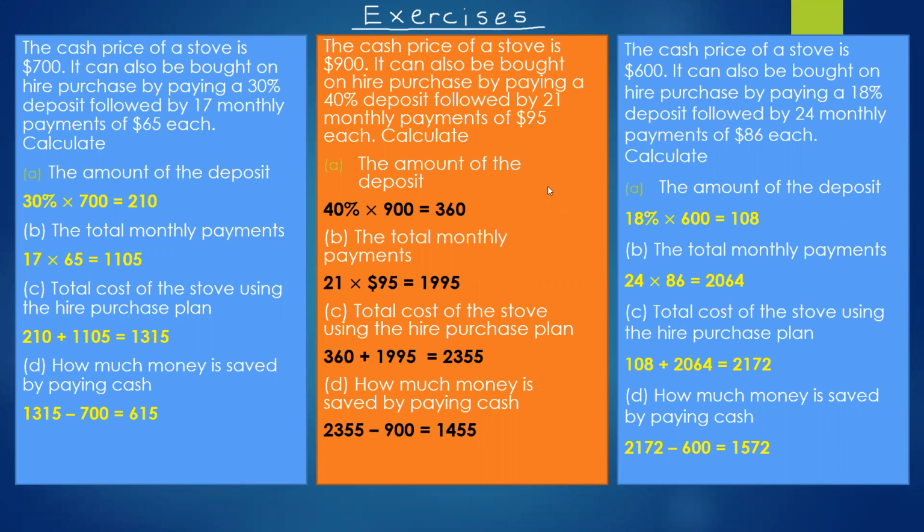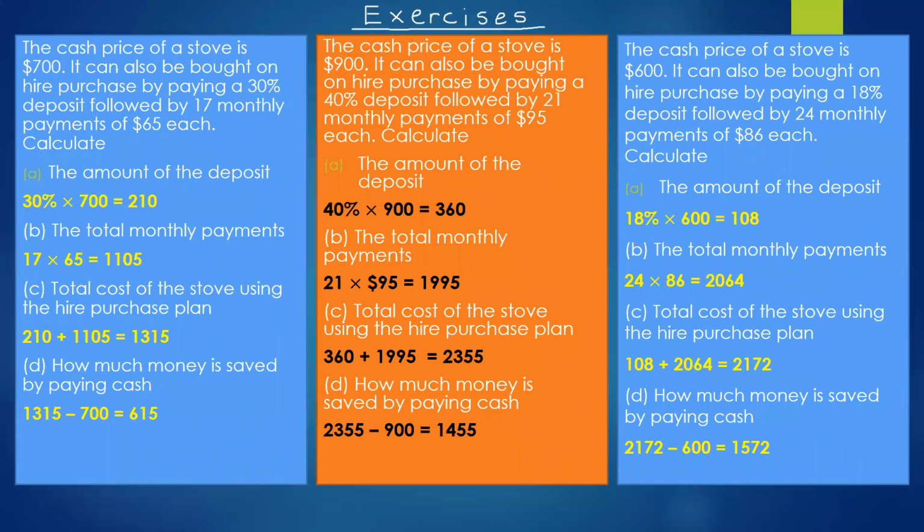It can also be bought on hire purchase by paying a 40% deposit, followed by 21 monthly payments of $95 each. And it says calculate the amount of deposit for A. So to get the amount, you want to do 40 over 100 times 900 over 1. You cancel out the zeros, which leaves you with 40 times 9, which gives you 360.